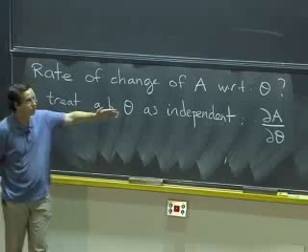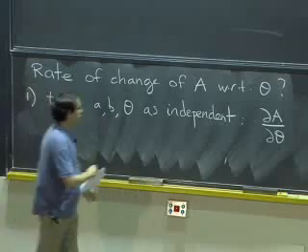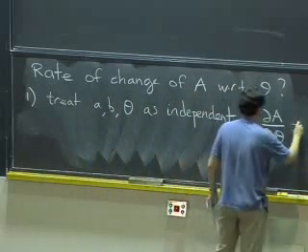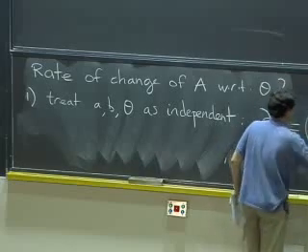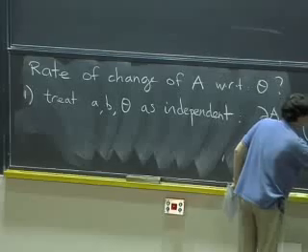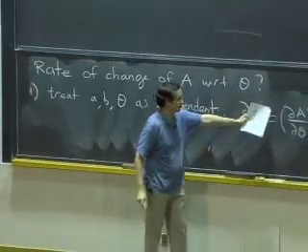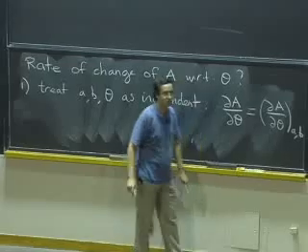We are not putting any constraint. So to use some new notation, that would be the rate of change of A with respect to theta, keeping A and B fixed at the same time.